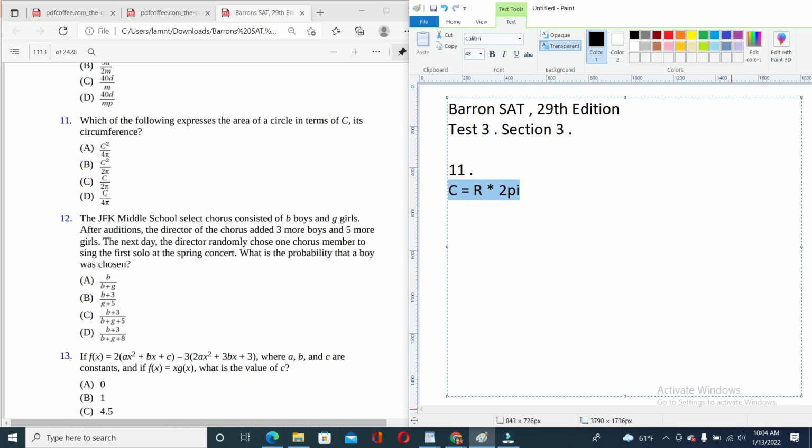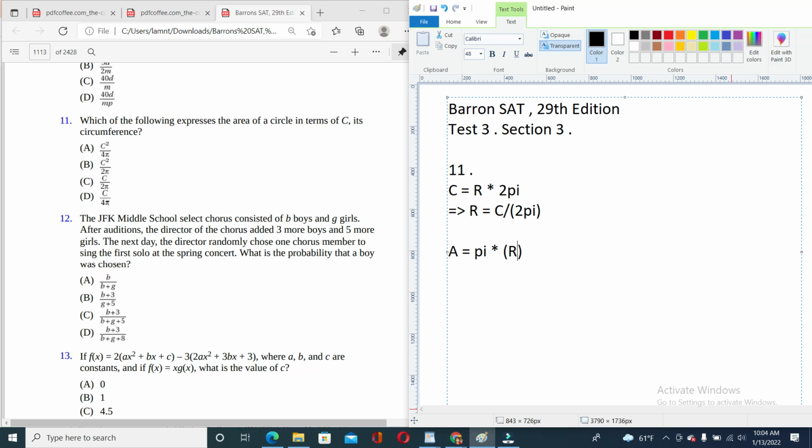So now we can figure out that r in terms of circumference is c over 2 pi. And we also know the area of the circle is calculated as pi times r squared.